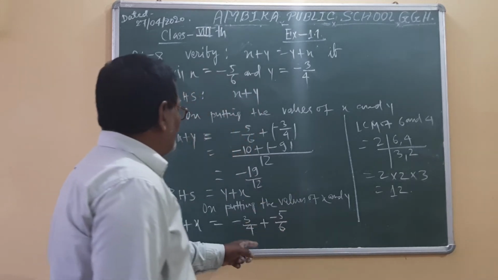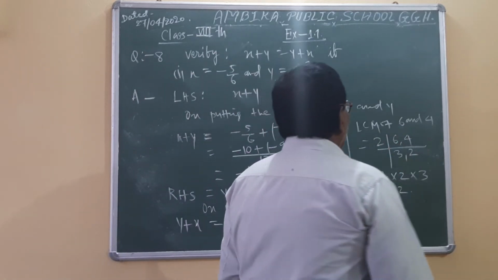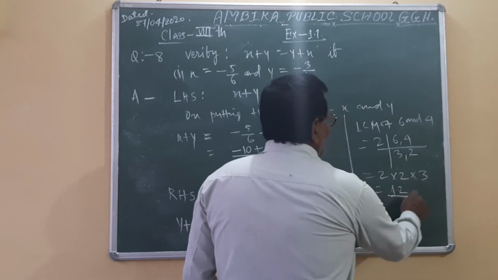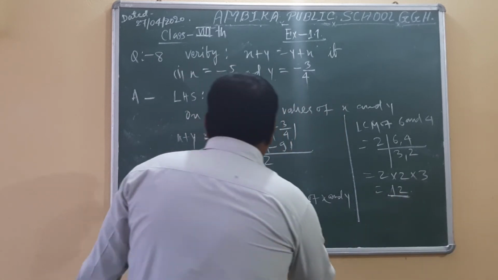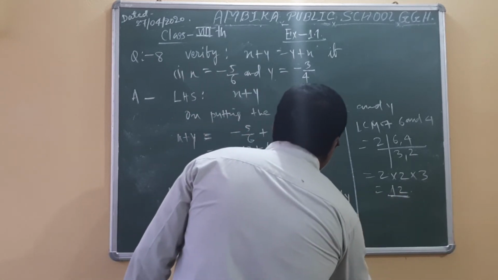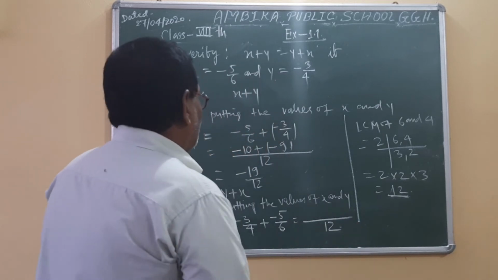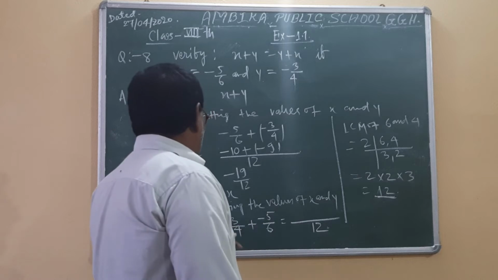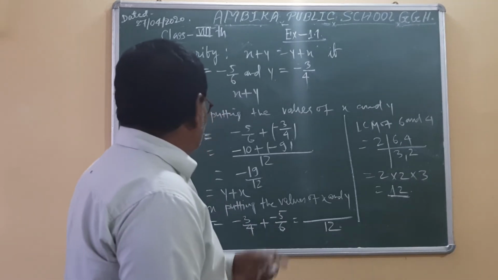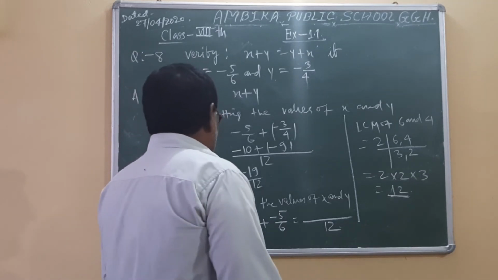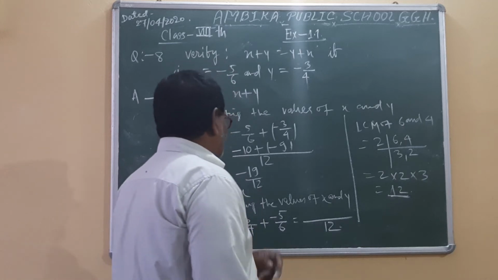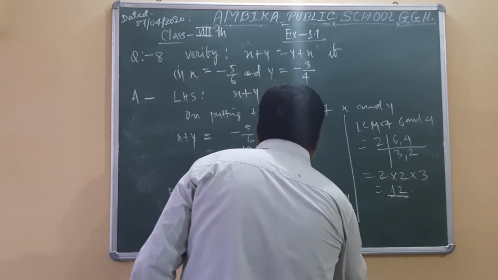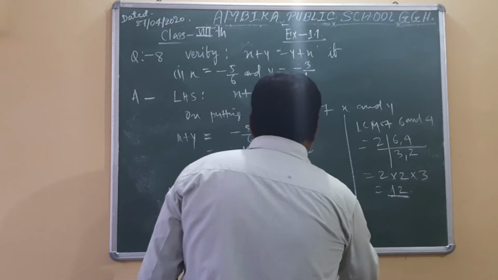Taking LCM of 4 and 6, we get 12 as LCM. So we write 12 and divide 12 by 4. We get 3 as quotient. Then multiply minus 3 to 3. We get minus 9. We write minus 9 plus.